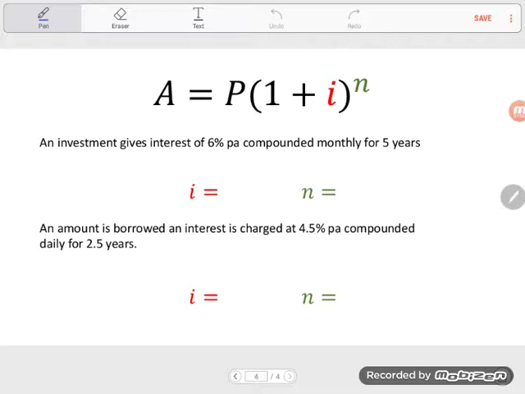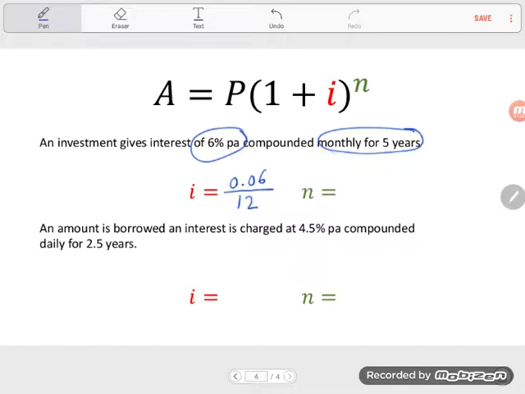Let's say we have an investment at 6% per annum, monthly for 5 years. Okay, so 6%, we convert that to a decimal, 0.06, but we need to adjust the interest rate and divide it by 12. We didn't need to do that for the earlier example because that was annually and we were just dividing by 1 here, so we still end up with the same answer.